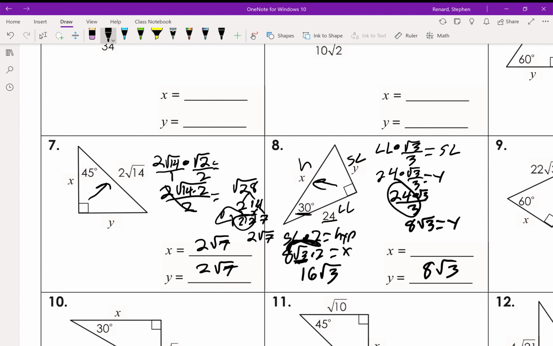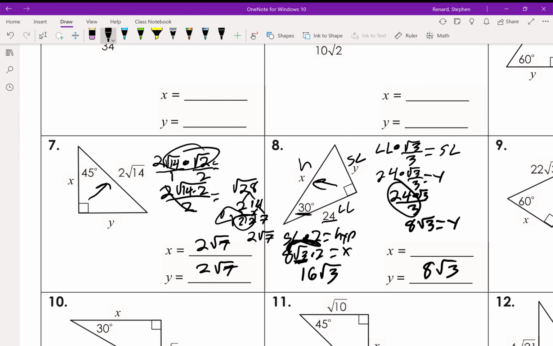So notice the difference between that and what we did back on 7 when we multiplied the 2 radicals together. If we have 2 radicals, we can multiply them together. If we have 2 regular numbers, integers, we can multiply them together.